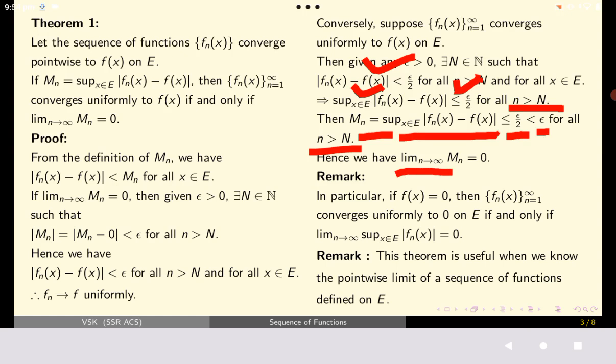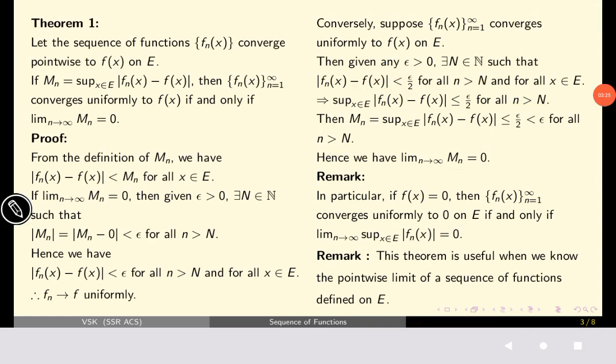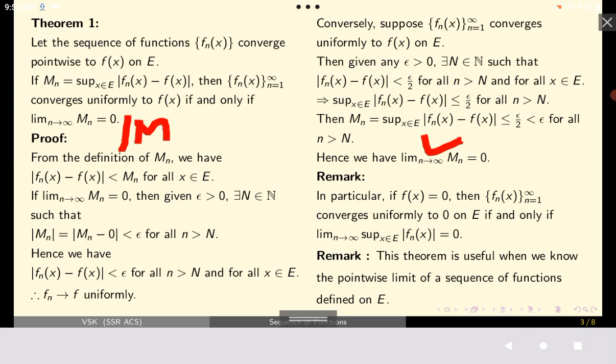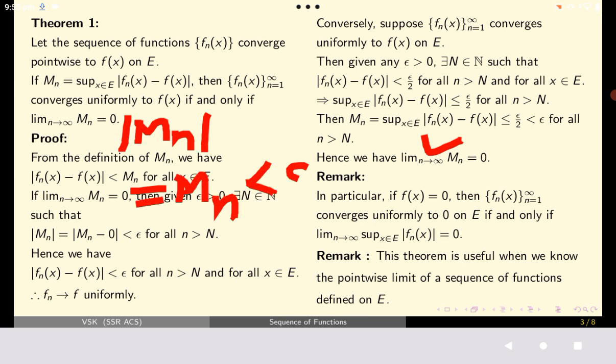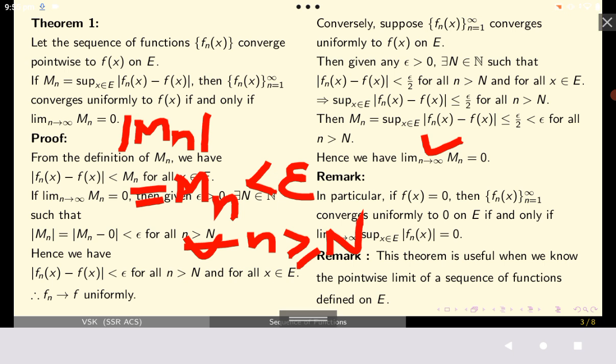So by definition, this implies the limit as n tends to infinity of M_n is equal to 0. Because whenever we have to prove that the limit of M_n is equal to 0, we simply have to prove that modulus M_n is less than epsilon for all n greater than or equal to some capital N, and that we have found for a given epsilon greater than 0.